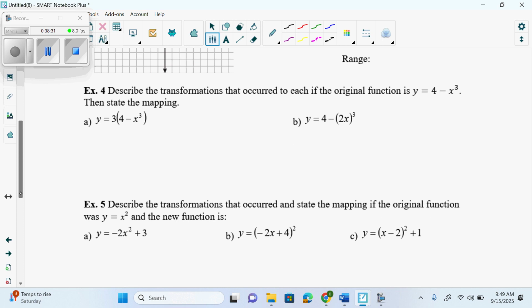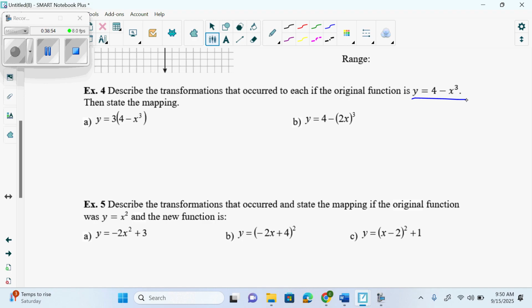All right. So when we look at this one, example 4, it says describe the transformations that occurred if the original function is y equals 4 minus x cubed. So is our original function f of x? No, it's something else. It's this. Whatever happens to that is the transformations, right?